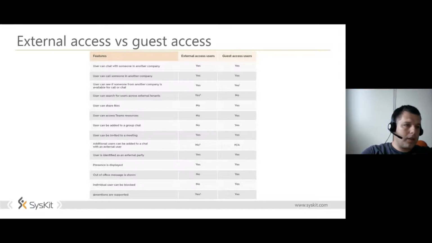You can see that external access users are missing quite a few things that guest users have, and they all refer to collaboration on files. Like I said before, a guest user can be given nearly all the same Teams capabilities as the native team member.